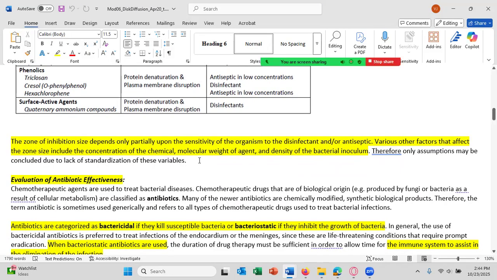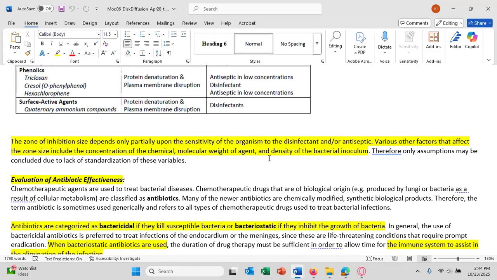The molecular weight of the agent will affect the zone of inhibition. The larger the agent is, the less it will diffuse in the agar, so the smaller the zone of inhibition. And then the density of the bacteria inoculum can also affect the size of the zone of inhibition. The more dense the bacteria, the smaller the zone of inhibition.